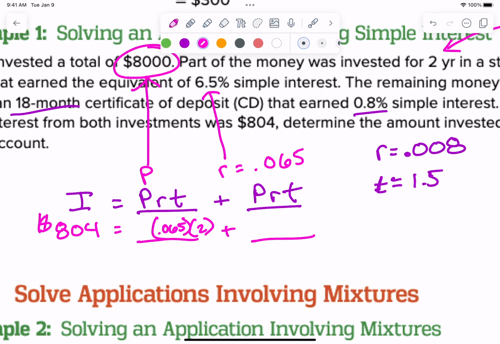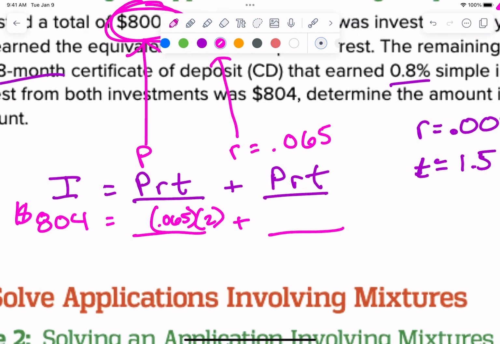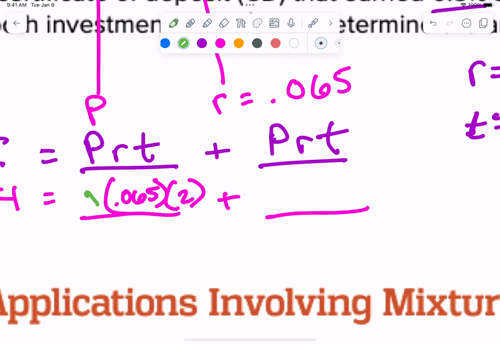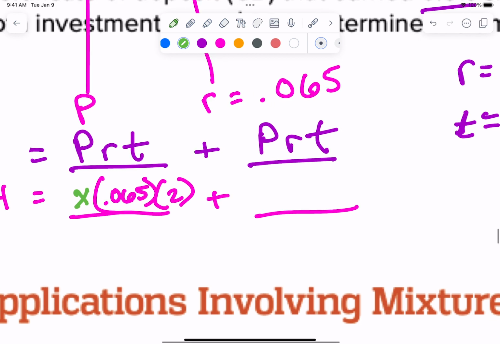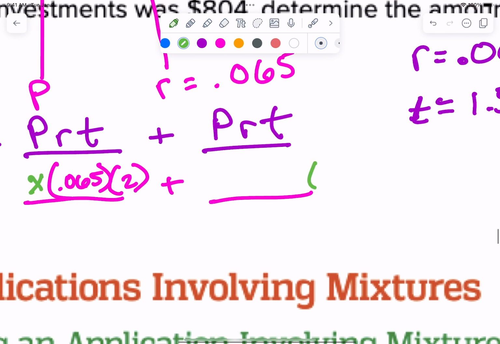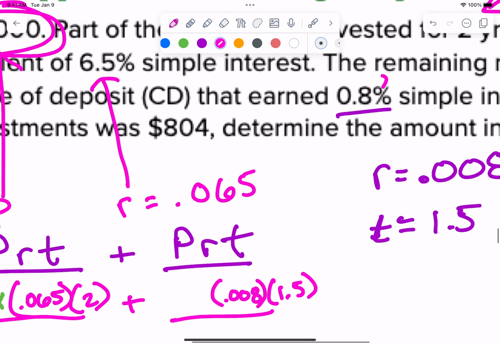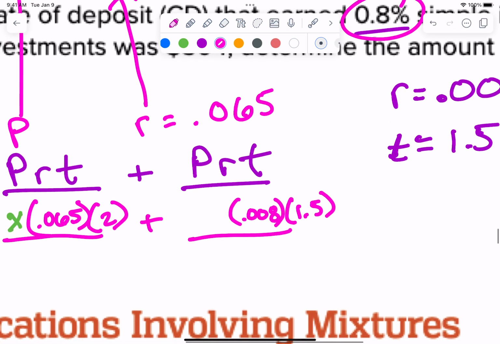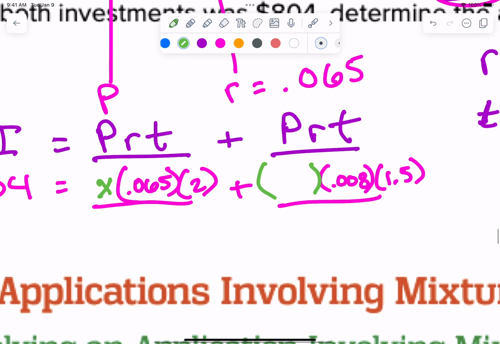We know that $8,000 was total, but we don't know how much we put in each, correct? So let's say we put X amount over here. The other account is going in for 18 months, so that is 1.5 years at a rate of 0.008, because that's 0.8% if we convert to a decimal.